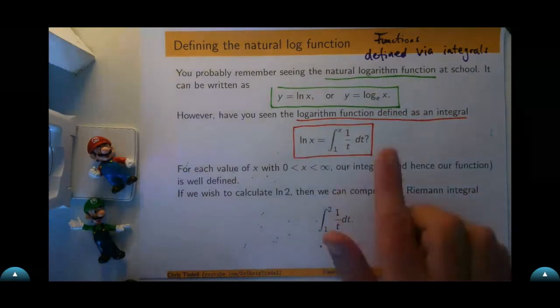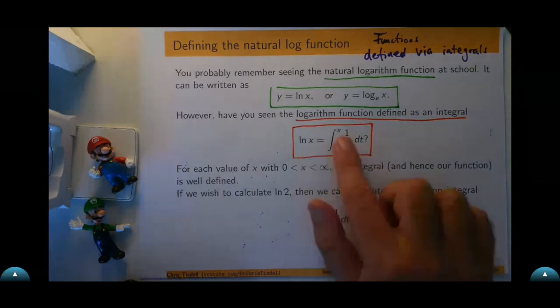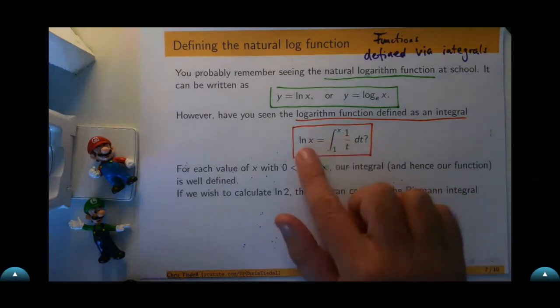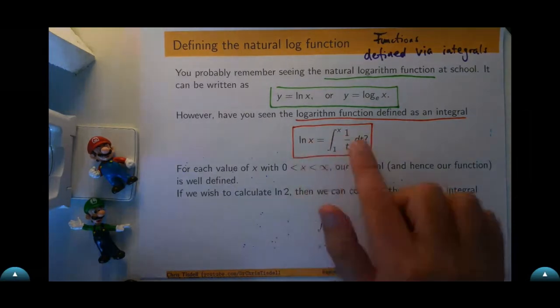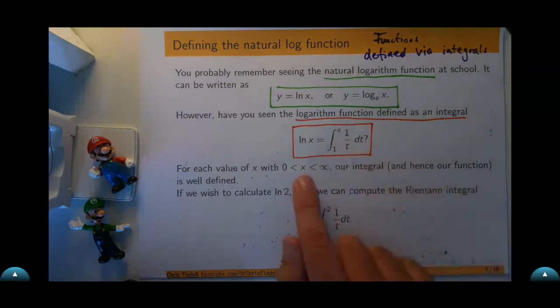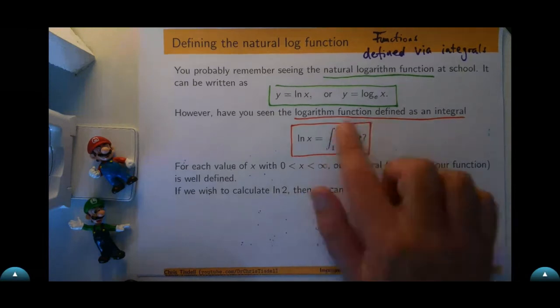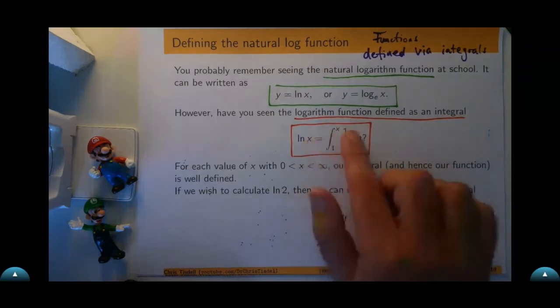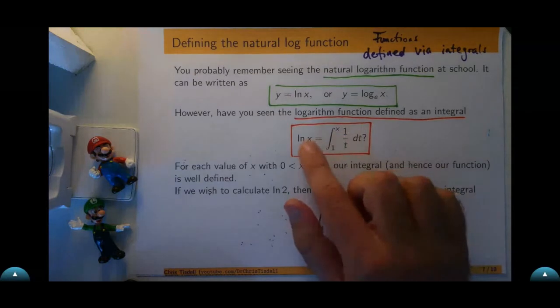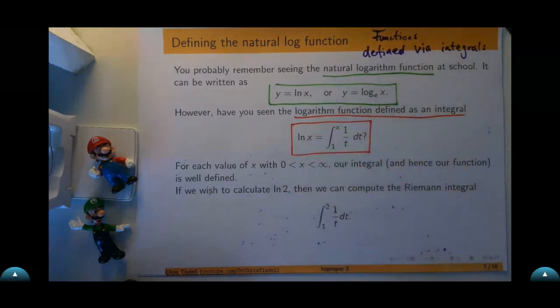For this definition, we're defining this function via this integral for x greater than 0. For each value, that defines the natural logarithm function.